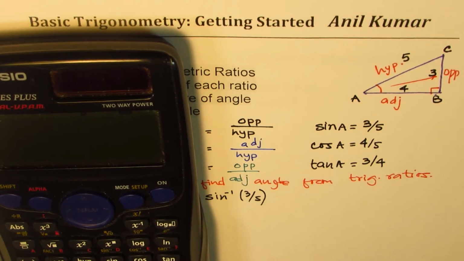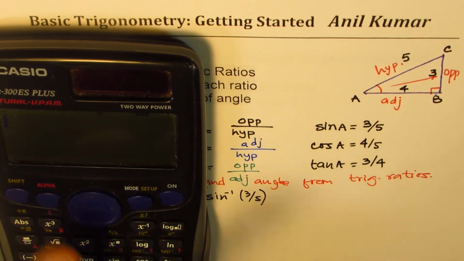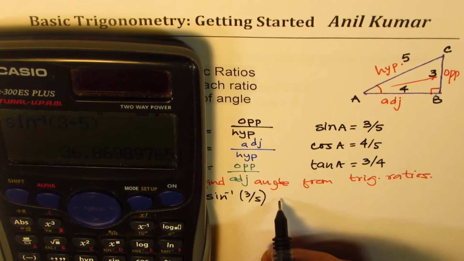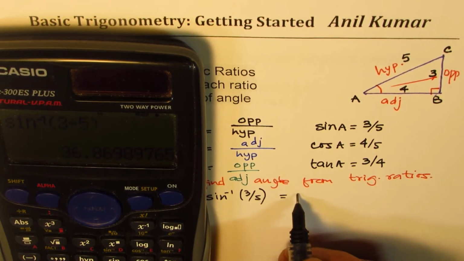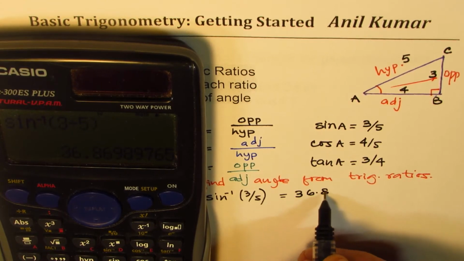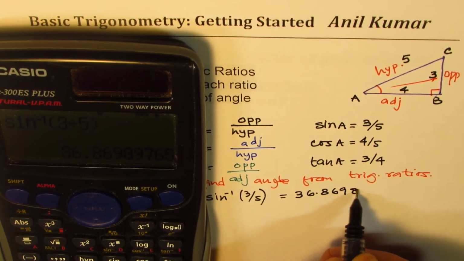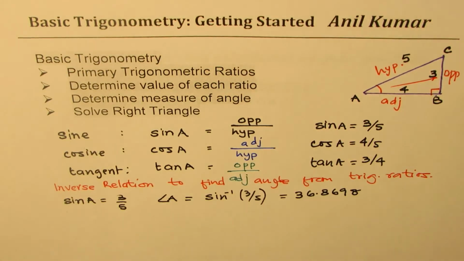So we have this function, shift sine gives you sine inverse. Within brackets, we write 3 divided by 5, bracket close, equal to. So what you get here is the angle, which in this case is 36.8698. We wrote 4 decimal places.